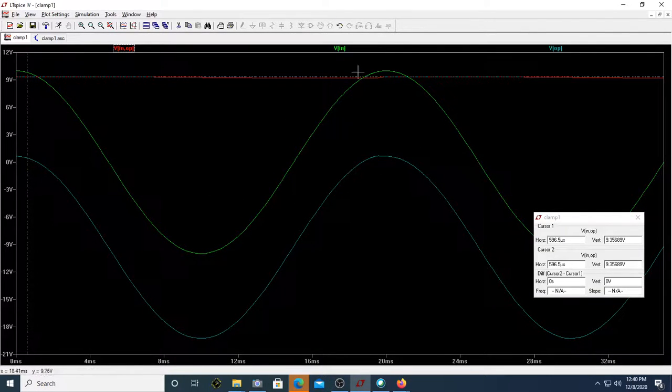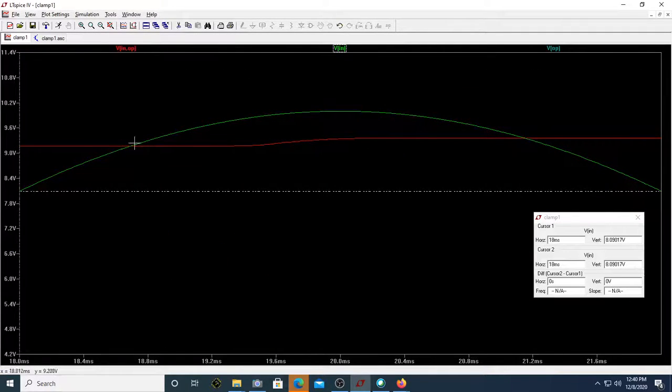You can see the output voltage when it is at peak is 0. This is the capacitor voltage, which is fairly remaining constant. If you observe clearly, can you see this is slightly reducing? There is a slight jump here, which corresponds to the charging of the capacitor during the next cycle.